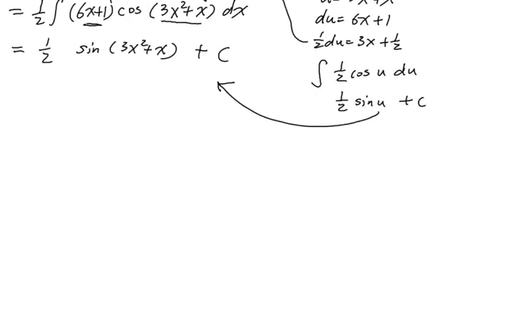Okay, let's go to the next example. This one we are going to have cosine 5x times e to the sine 5x, integral.